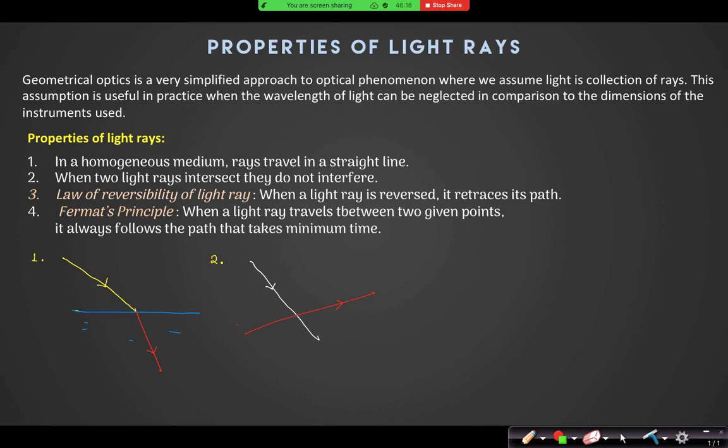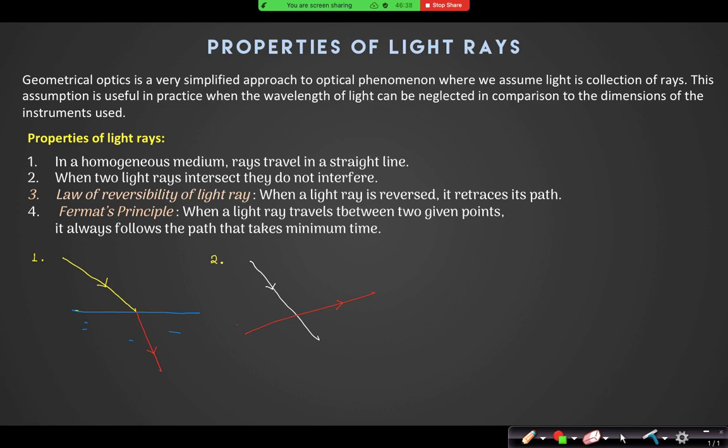So if you ask me, phenomena like reflection in a mirror, refraction in a water surface, can those phenomena also be explained by wave nature? Yes, I can say those properties can also be explained by wave nature of light.